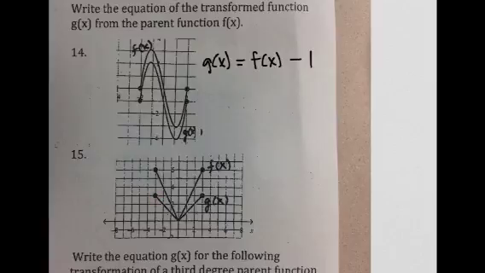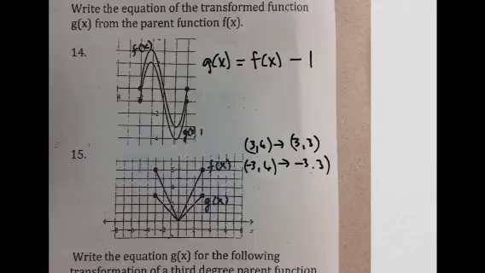This used to be at negative 3.6, and now it shrunk down to negative 3.3. So let me write down the points. It started off at 3.6, now it went to 3.3. It started off at negative 3.6, and now it went down to negative 3.3.